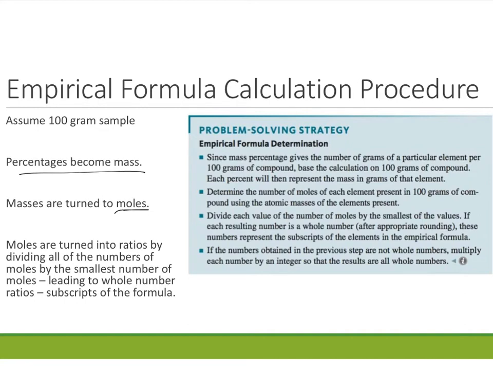So the way we do that is we calculate all the moles out, find the smallest number of moles, and divide every single number by that number. Now, hopefully they are whole numbers. If they are not whole numbers, we sometimes have to multiply each number by an integer in order to ensure that we get whole numbers.